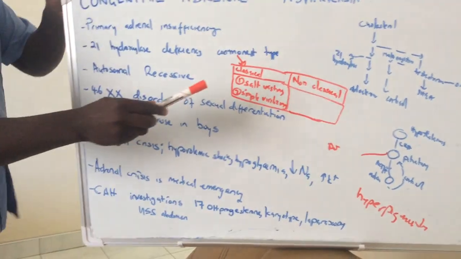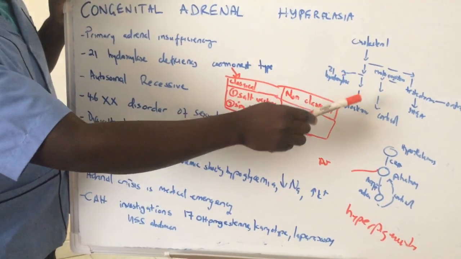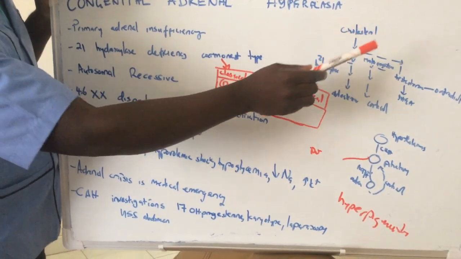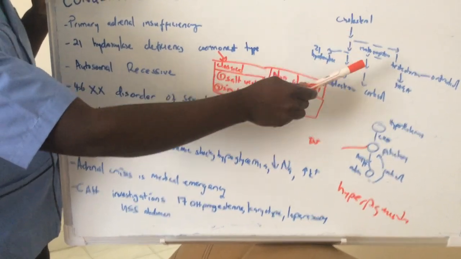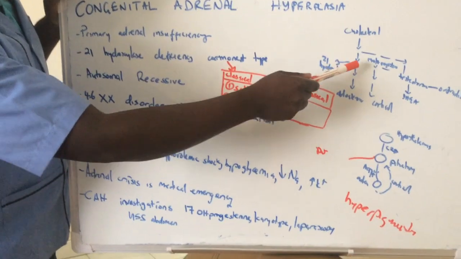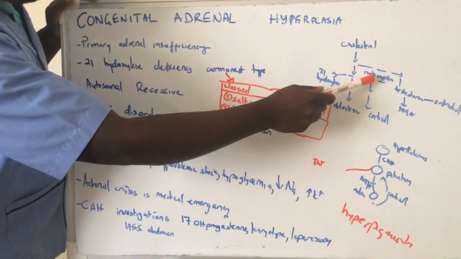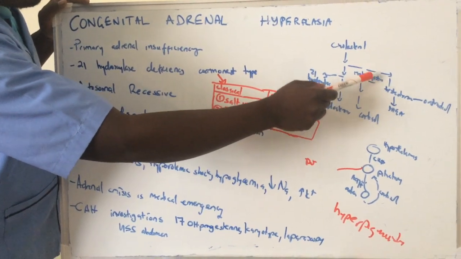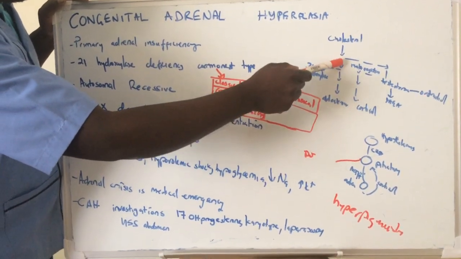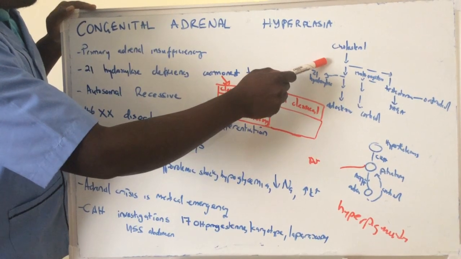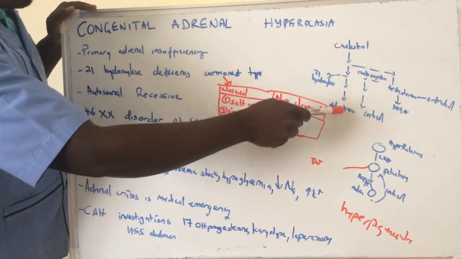So on this diagram, the production of aldosterone and cortisol, we start with cholesterol, then it's worked upon, and what I'm interested in is this step where there is 21-hydroxylase, which works on 17-hydroxyprogesterone in the production of cortisol, and the other here there will be pregnenolone, and it's being converted to aldosterone.